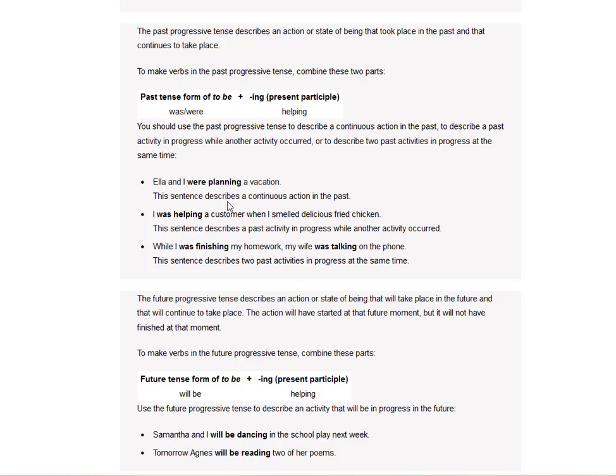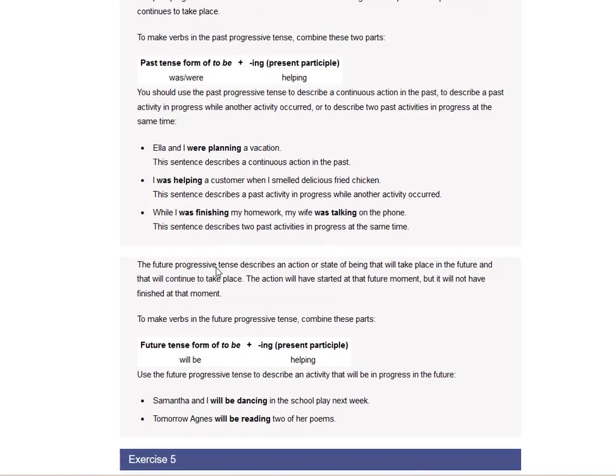This sentence describes a continuous action in the past. I was helping a customer when I smelled delicious fried chicken. This sentence describes a past activity in progress while another activity occurred. While I was finishing my homework, my wife was talking on the phone. This sentence describes two past activities in progress at the same time.